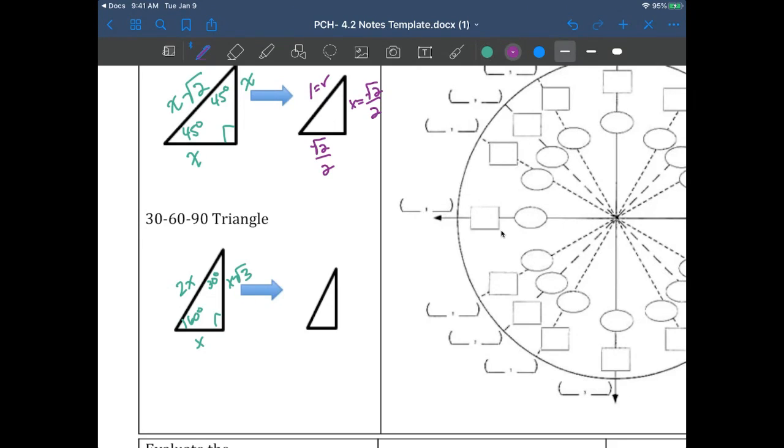So again, let's make our hypotenuse equal to 1. That means that x is going to equal 1/2, and then x root 3 is going to equal 1/2 root 3, which we call root 3 over 2. So we use these ratios when we write in the coordinates in our unit circle.